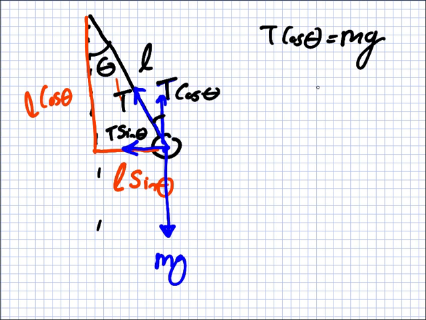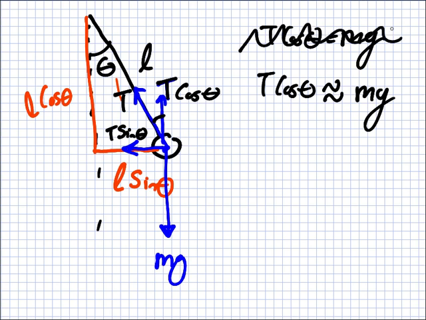Now, technically, that's not really true. It's really more like T cos theta is roughly equal to mg. Why am I saying that? Why am I saying that it's technically not equal? Is the bob moving up and down?